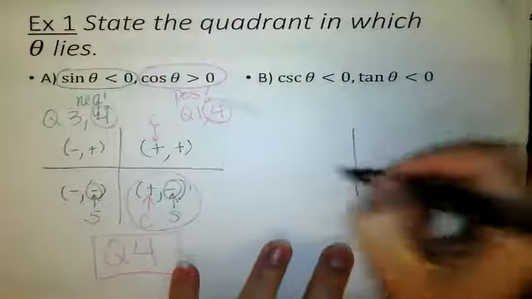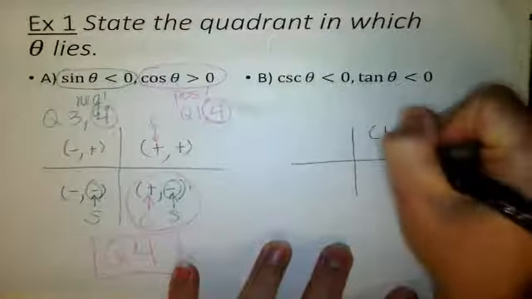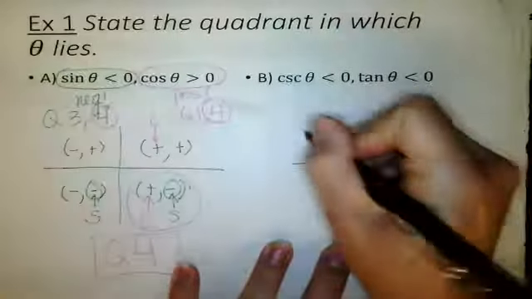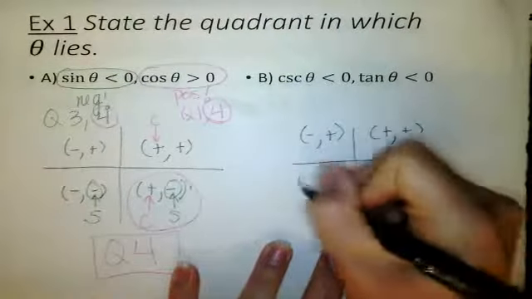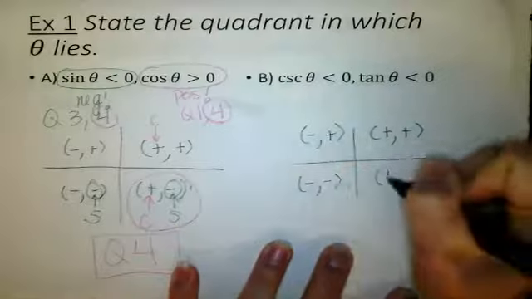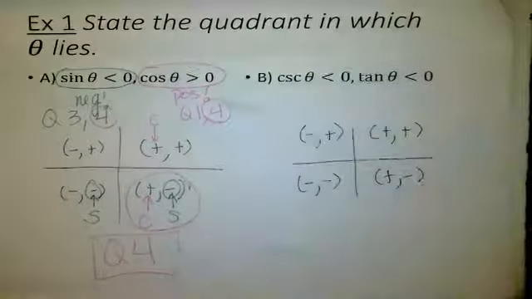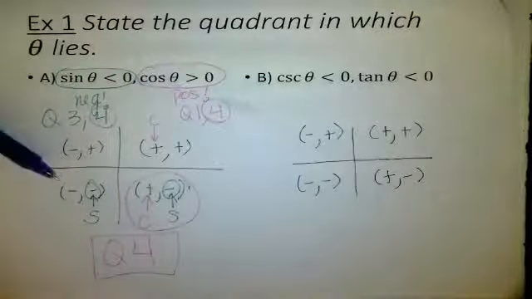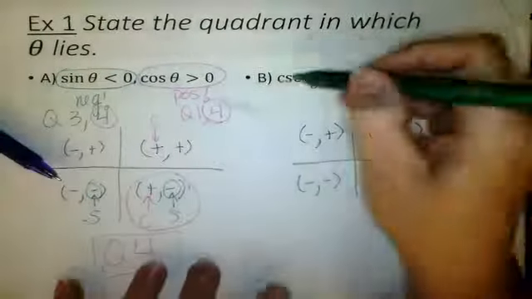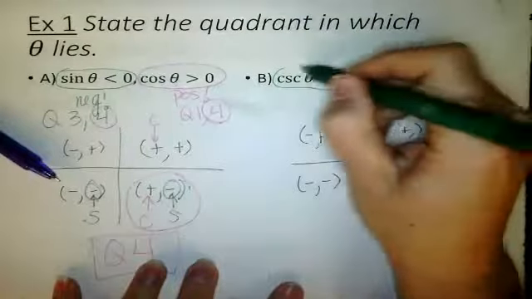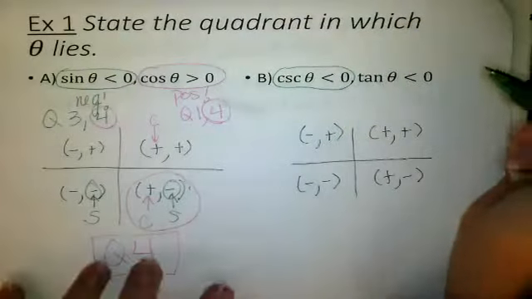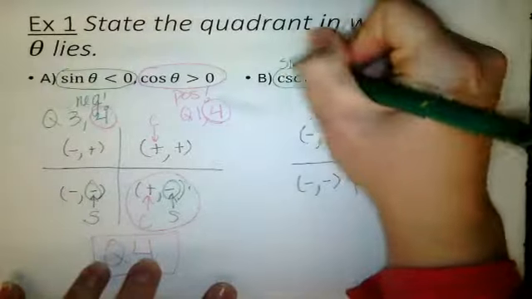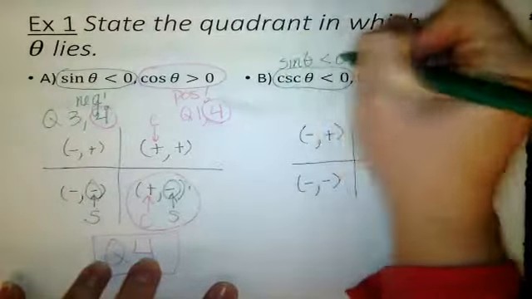Again, I'm going to do a little sign quadrants here. Negative, positive, negative, negative, positive, negative. So they're telling me cosecant of theta is less than 0. What can I use to help me with cosecant? Sine of theta is less than 0.